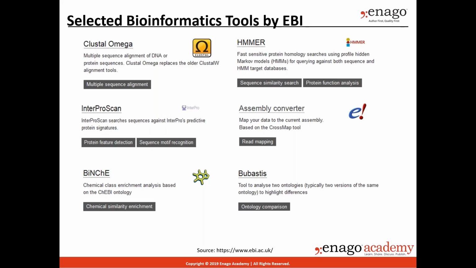HMMER is for fast, sensitive protein homology searches. It allows you to search protein homology using profile hidden Markov models, HMMs. Assembly Converter, which allows you to map your data to current assemblies. And Ontology Comparison tool, which is a tool to analyze two ontologies, typically two versions of the same ontology.